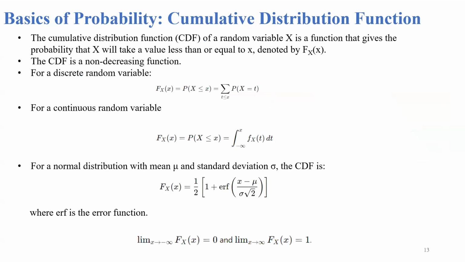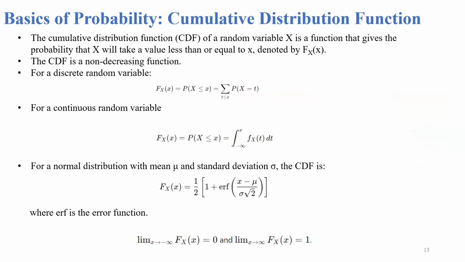Now let's talk about cumulative distribution functions. Cumulative, as the word suggests, is a function that gives the probability that X will take a value less than or equal to x, denoted by F of x. The CDF is kind of a cumulative or adding function, so it's a non-decreasing function.